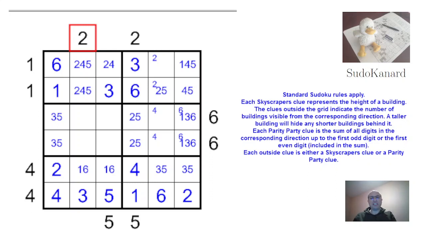What about the 2 here? Well, 2 here would have a number of options. Could be digit 2, and then we would be faced with, well, the same issues as before.